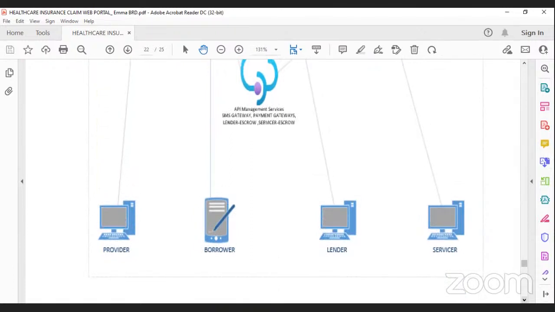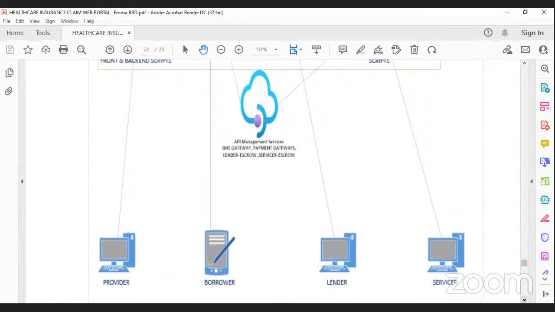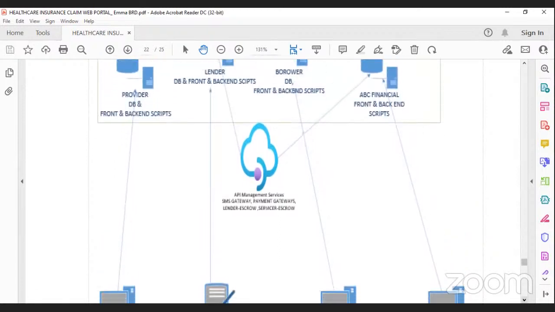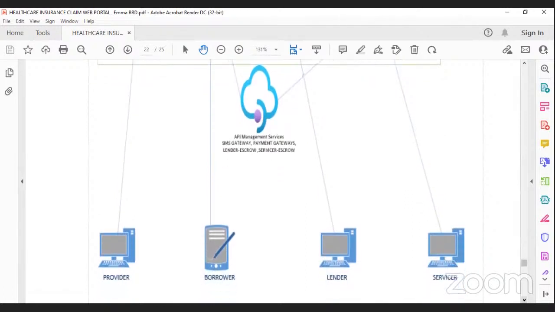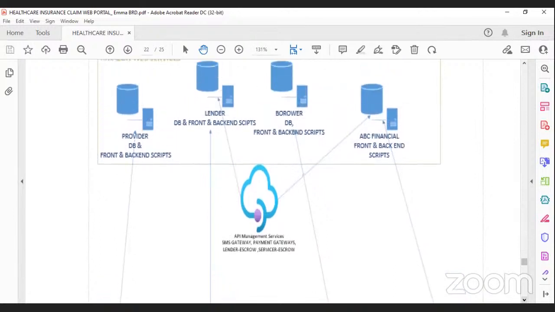So basically what we're saying here is that depending on who you are, depending on the portal you want to access, provider, borrower, lender, servicer, no matter the end device you are going to use, you make a request, you go to www.abcfinancialservices.com/portal, or you click on it. Now, if you are coming in as a provider and making a request as a provider, we have the database that is hosting all our providers and the service.